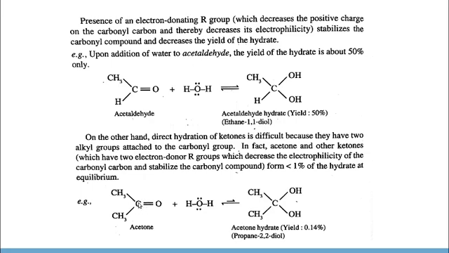Whenever there is an increase in the electropositivity of this carbon, there will be a greater tendency for a nucleophile to attack this carbon. Here there are two electron releasing groups, so the electrophilicity of this carbon decreases. Both these groups are electron releasing, so the positive charge will decrease, and there will be less tendency for the nucleophile to attack. So the equilibrium favors the ketone.